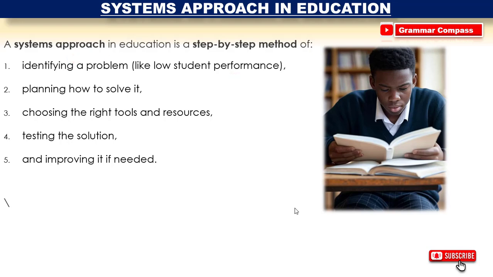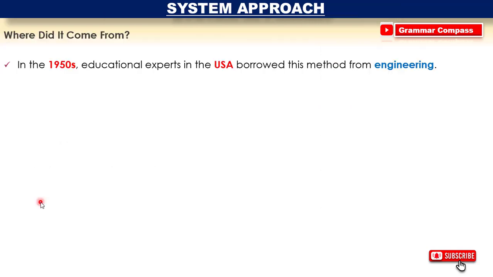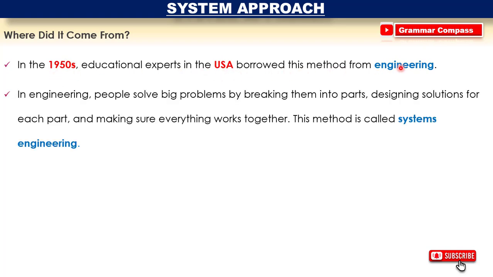Where did the systems approach even come from? As mentioned earlier, it was used in the 1950s. Educational experts in the USA borrowed this method from engineering. In engineering, people solve big problems by breaking them into parts, designing solutions for each part, and then making sure everything works together.